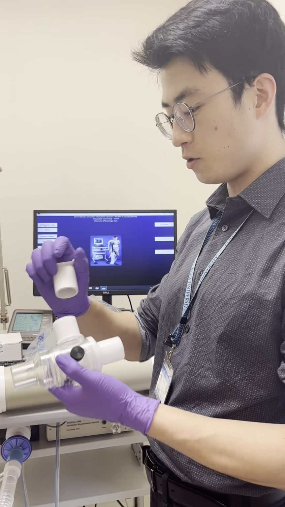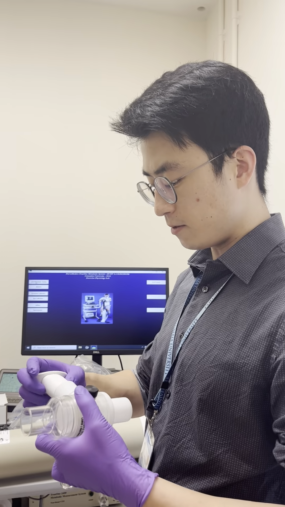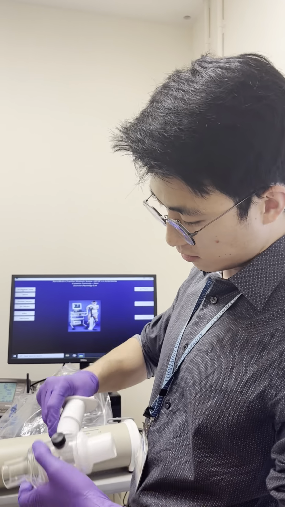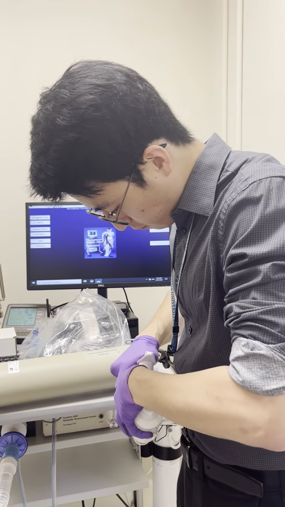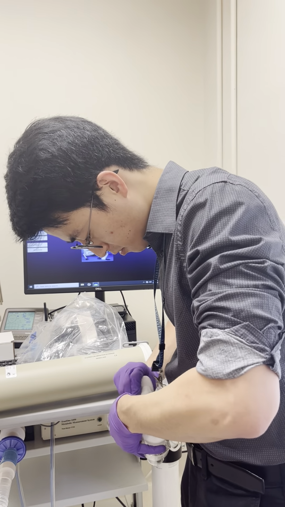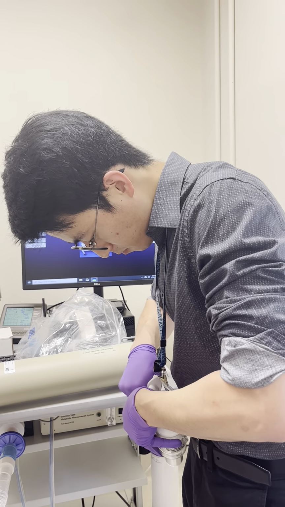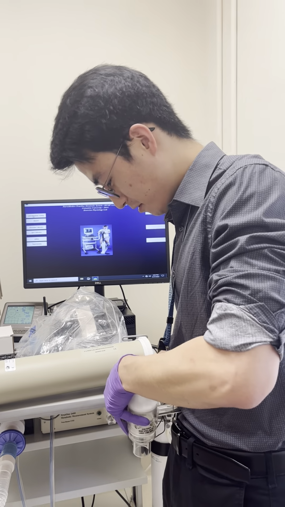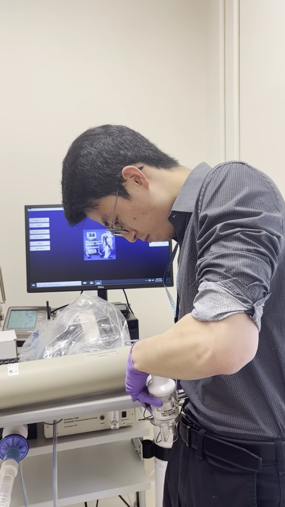So when you're putting this on, and you should do this before the subject arrives, you just want to have a gloved hand and fit it all the way around. It's going to take some little effort. It's not the easiest thing. Yeah, the tight seal, though.